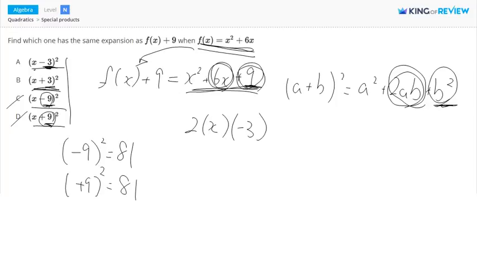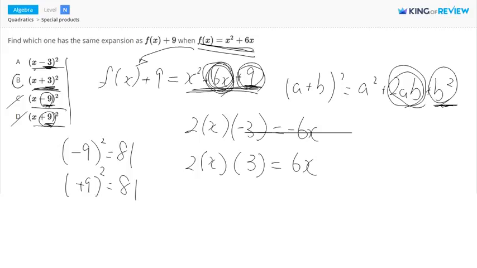And if you look into option B, that's going to be 2 times x times positive 3. So this is going to come out to negative 6x, and this is going to come out to positive 6x, and you want a positive 6x, which means that option B is the correct answer.